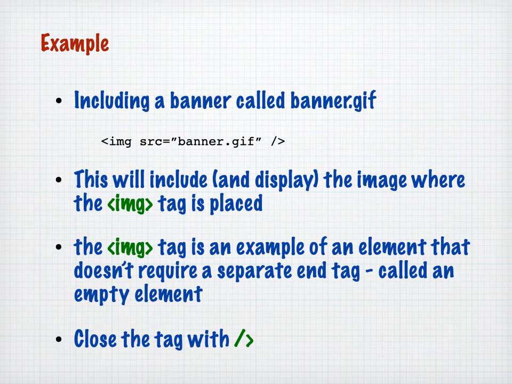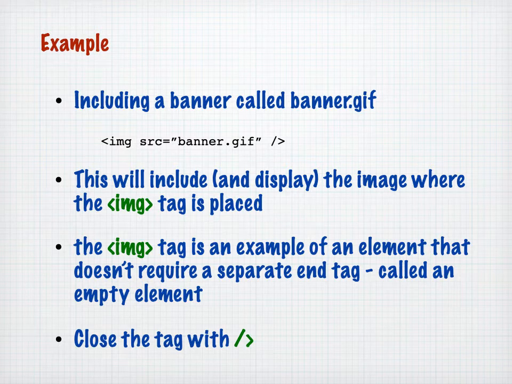So I'll say that again. Rather than have an opening and a closing tag, it's just one tag. It doesn't really need an opening and a closing thing. And inside the tag, what we do is we add an attribute, and the particular attribute that we're going to use here is to include an image called banner.gif, and we put whatever that file name is for that image goes between those double quotes.